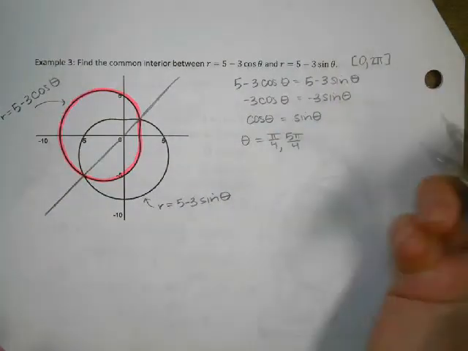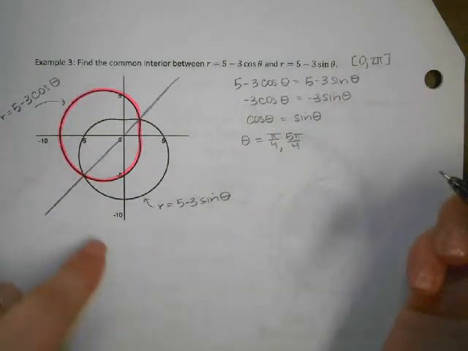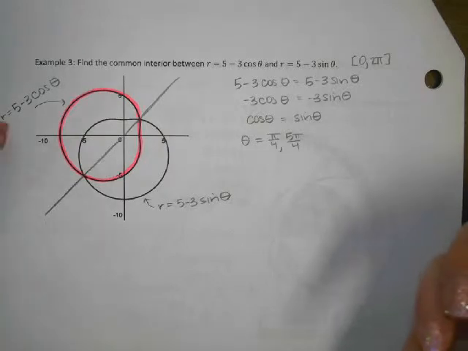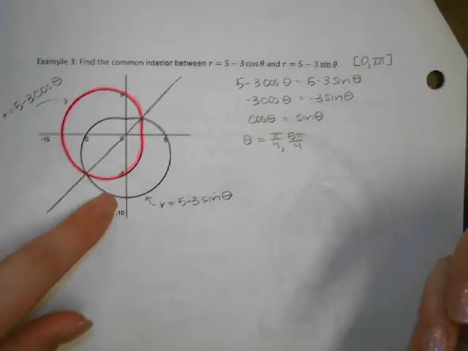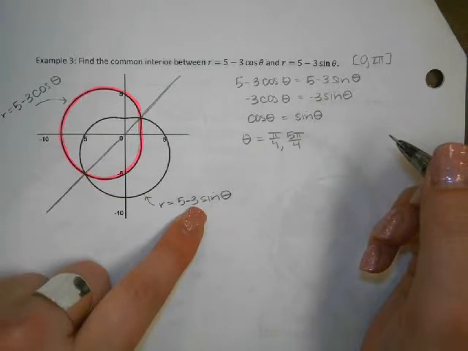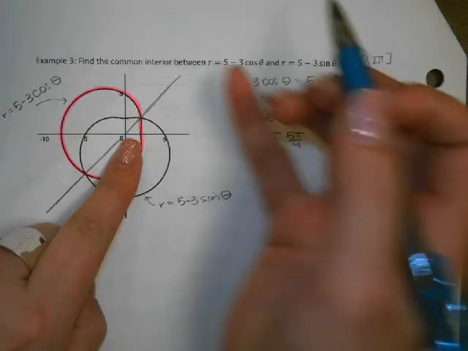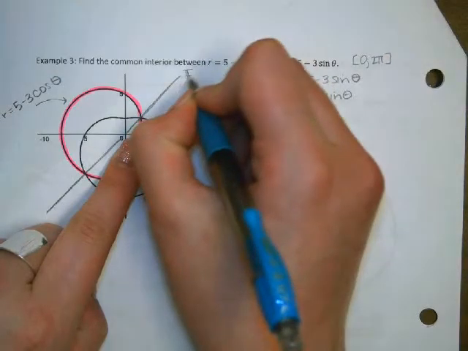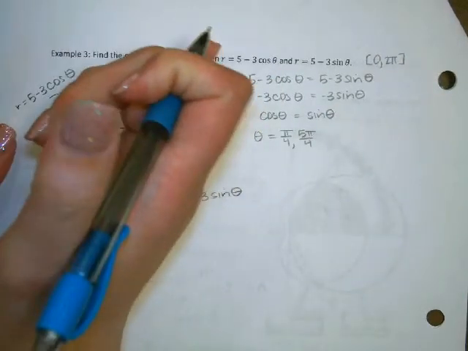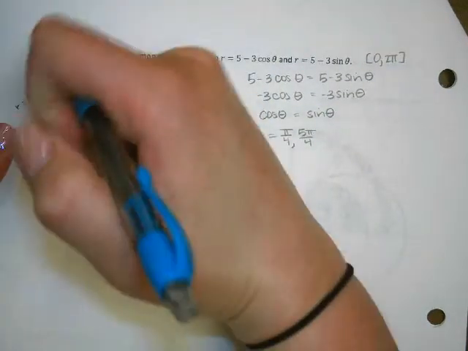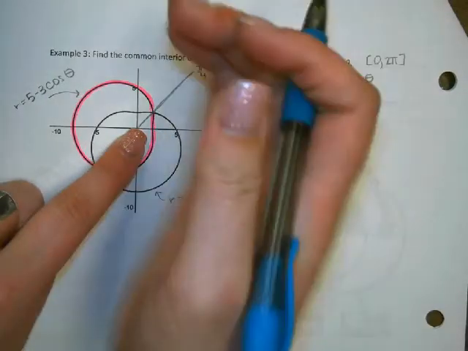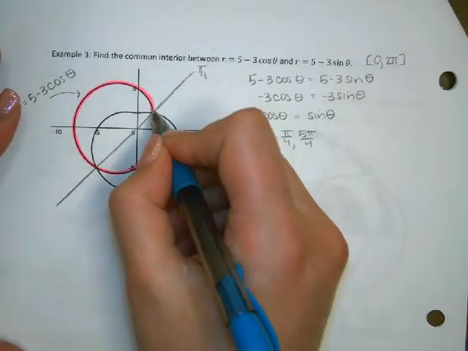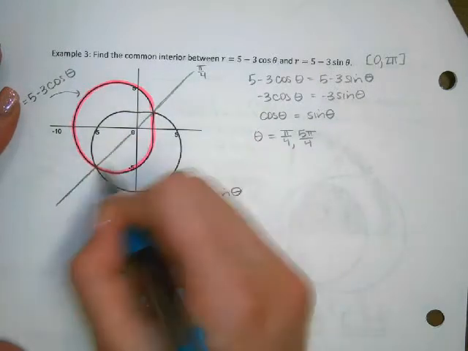So what I want to think about is which interval to use for the 5 minus 3 cos theta and which interval to use for 5 minus 3 sine theta. So if I start at the pi fourths right here and I start sweeping out and getting that sector area, I don't want it to be the pink because if I start sweeping out with the pink, it's going to give me all of that stuff.